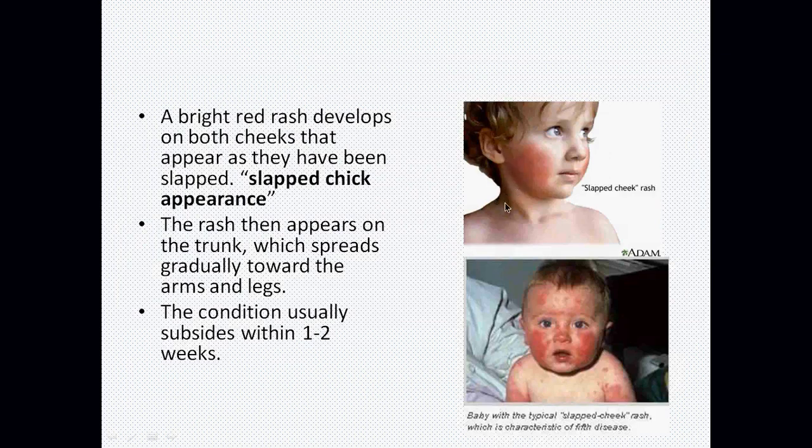The slapped cheek appearance is the typical rash produced in parvovirus B19 infection. The rash may appear on the trunk and spread gradually towards the arms and legs. This is typical of the fifth disease, showing a slapped cheek appearance. So this is the typical rash of parvovirus B19, that is, erythema infectiosum.